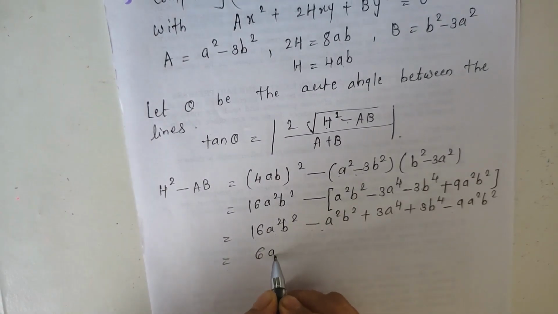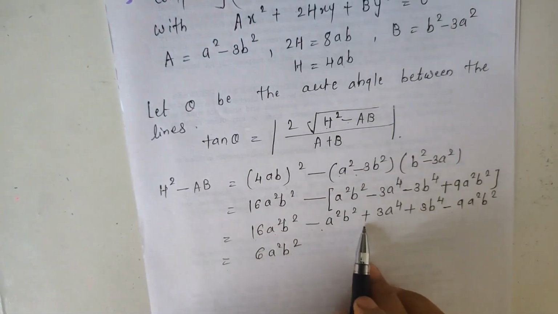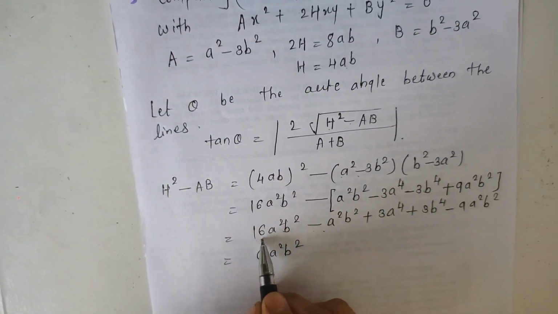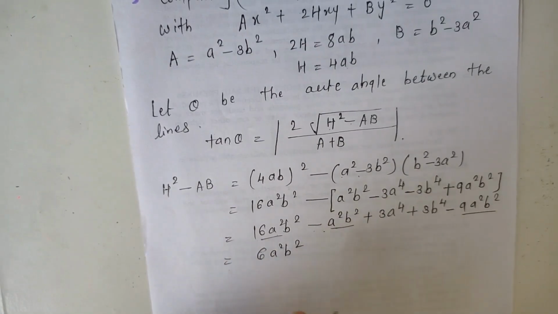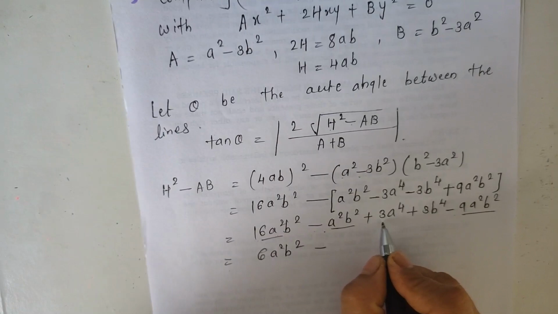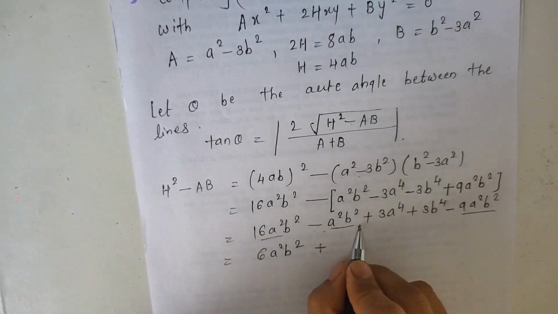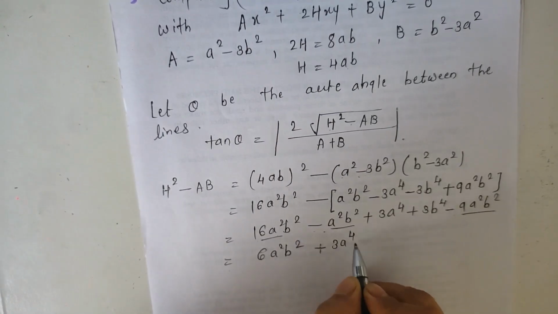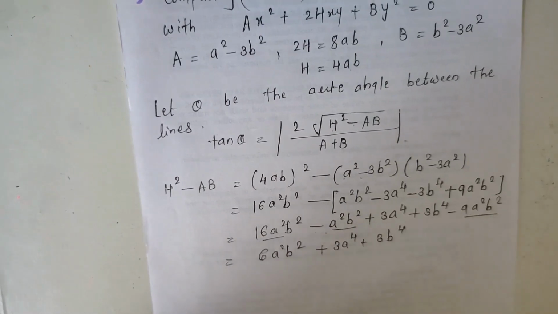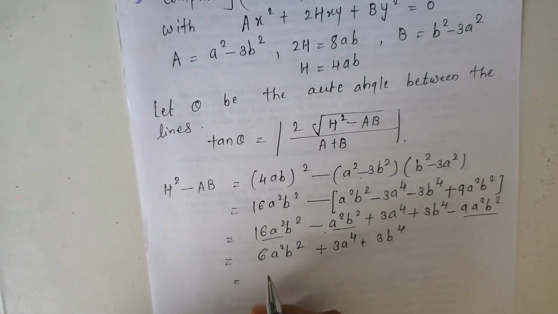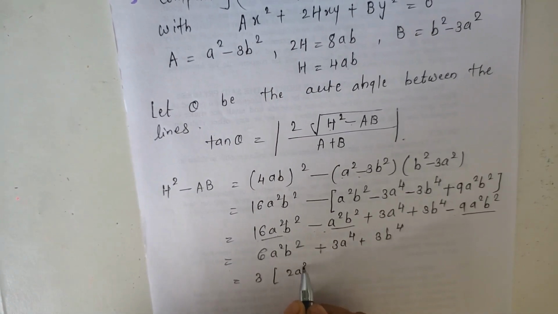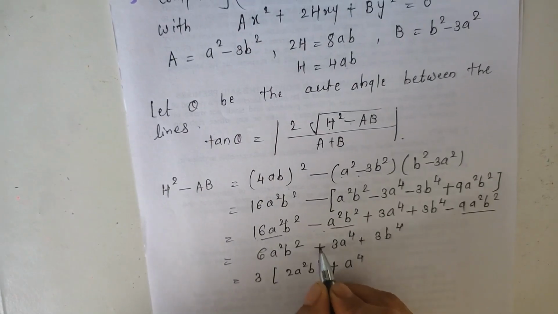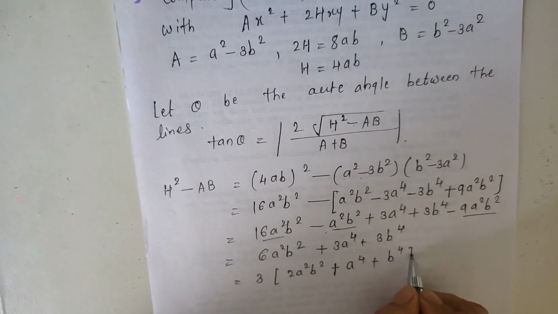Calculating these three terms, we get 6a square b square plus 3a raised to 4 plus 3b raised to 4. Now 3 as a common factor, then 2a square b square plus a raised to 4 plus b raised to 4.